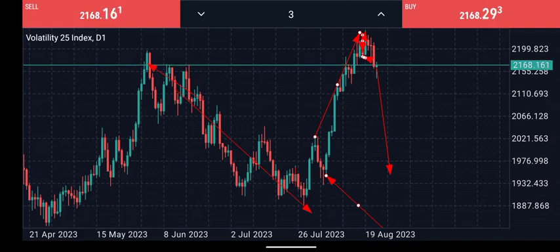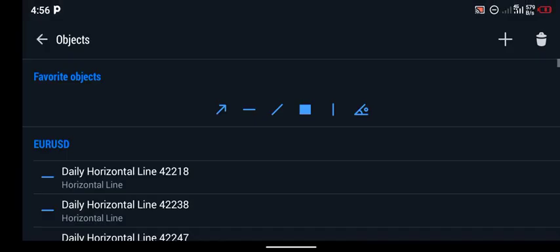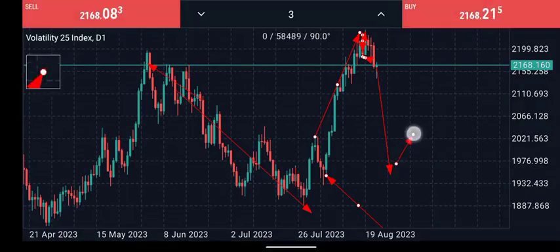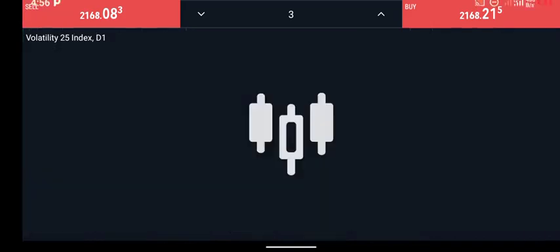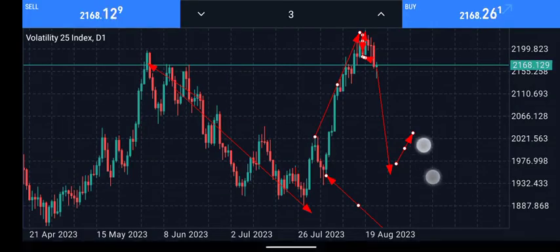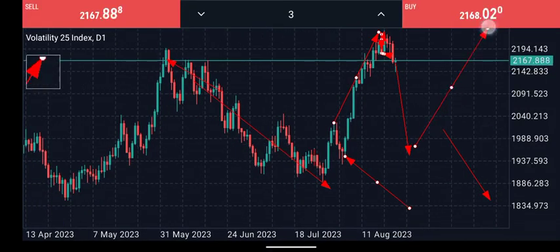But there are times it will not respect it. It will just do a small buy, then it continues its sell. But if it respects it, you will see that the market will have a huge push to the buy side. You can see it now.